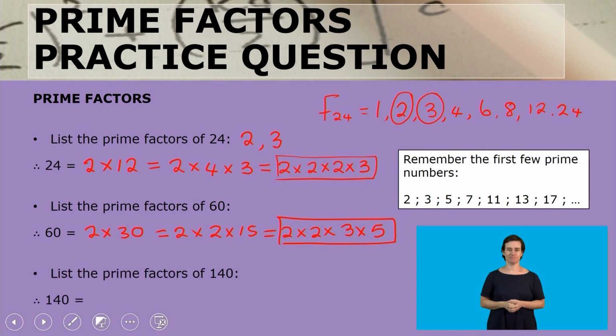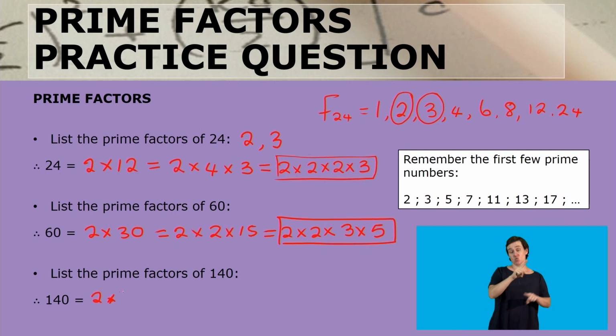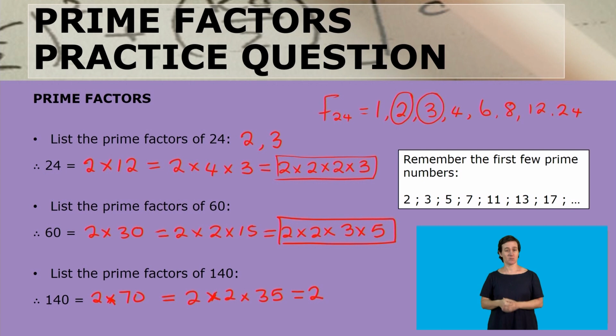Let's move on to 140. If we break that down, that will be 2 multiplied by 70. But because 70 is not a prime number, that is 2 multiplied by 2 multiplied by 35. And again, 35 is still not a prime number, so that is going to be 2 multiplied by 2 multiplied by 5 multiplied by 7.